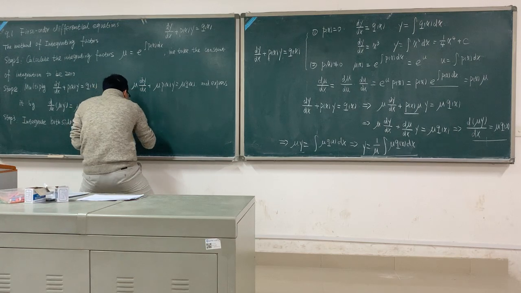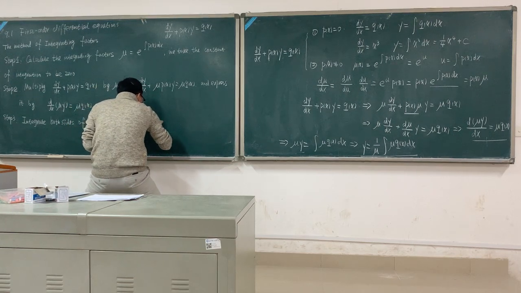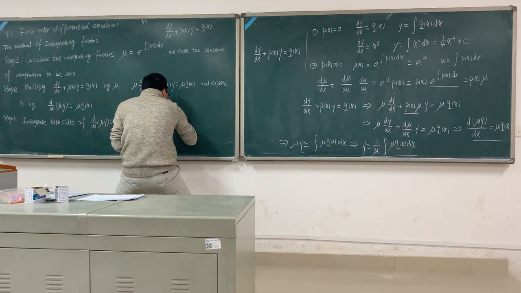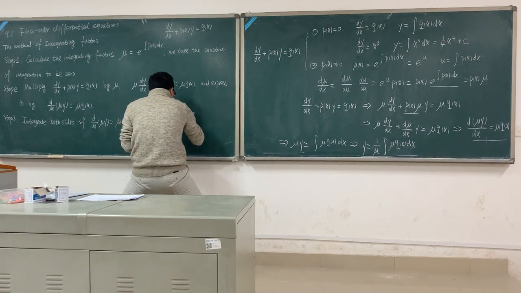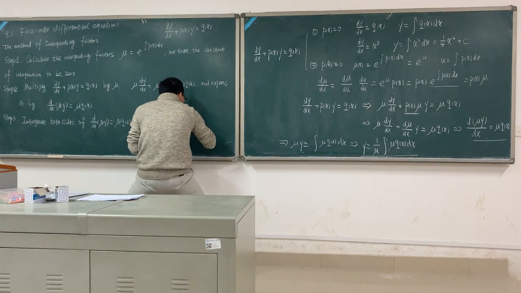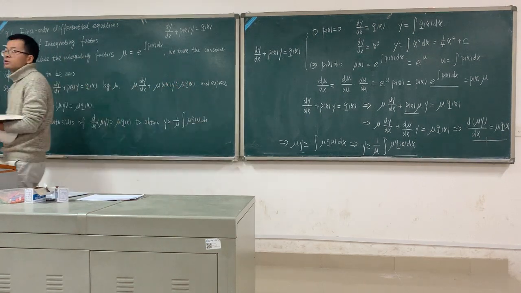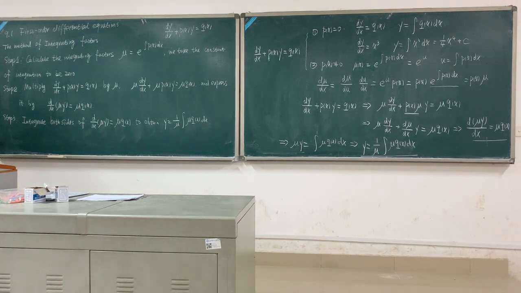So from here we can obtain y equal to 1 by mu times the antiderivative of mu q(x) dx. So this is the result. This is the method of integrating factors.